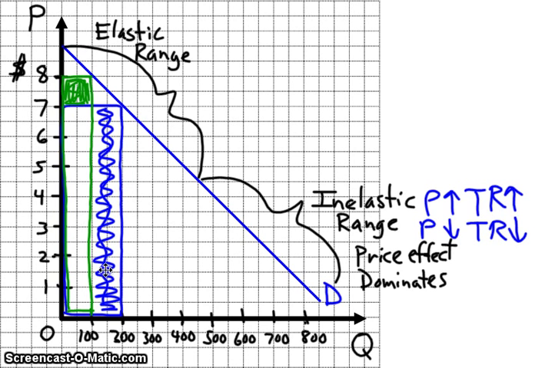Clearly, now the quantity effect, the fact that we sell 100 less at $8 than at $7, means that the quantity effect is dominant, and that is always true up in the elastic range. The quantity effect dominates.